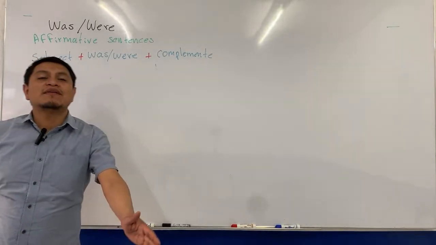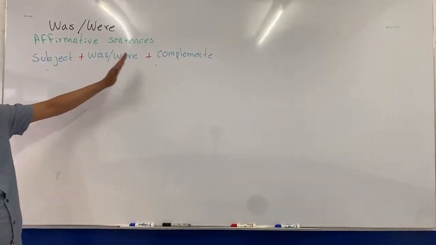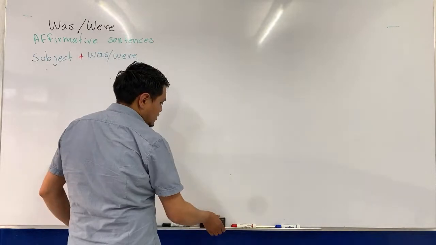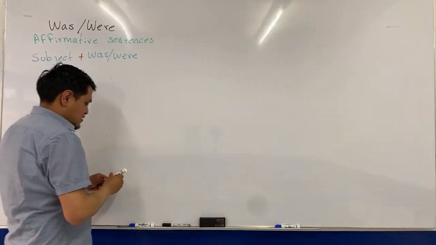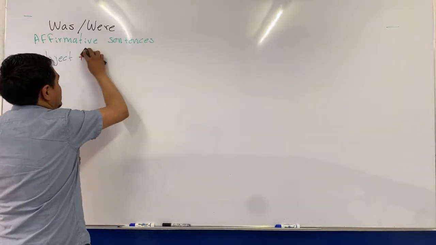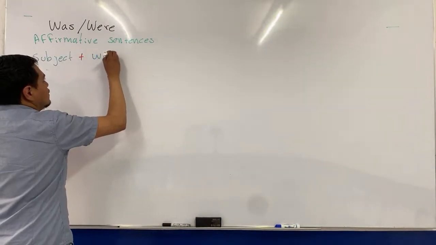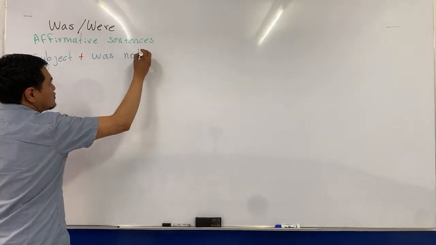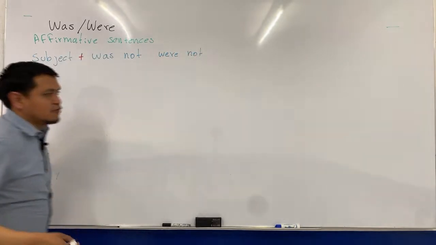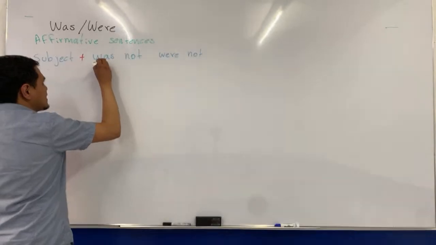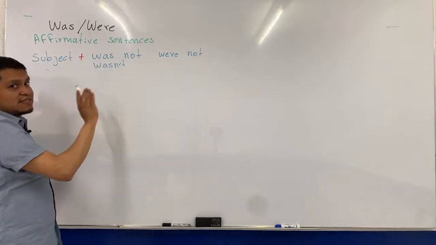Now, for negative sentences, we just add not after the word was or were. Check this. It's like was not, or were not, or their contractions wasn't. This one and this one, it's the same.